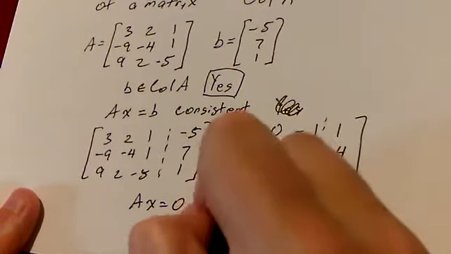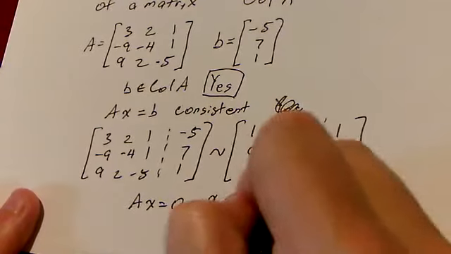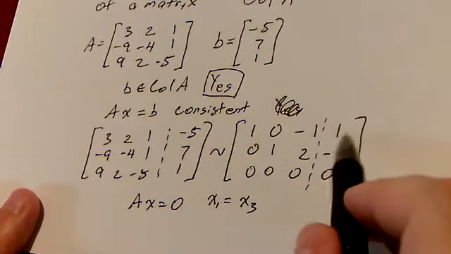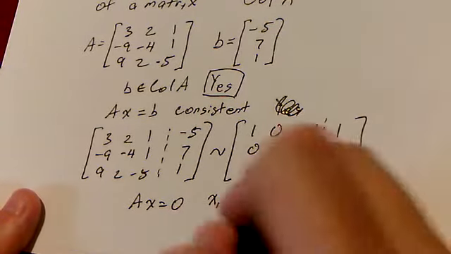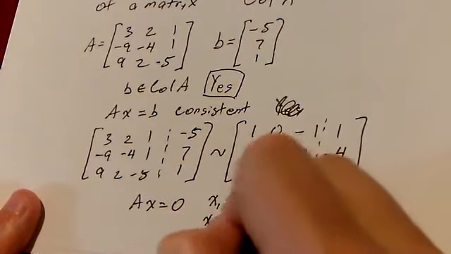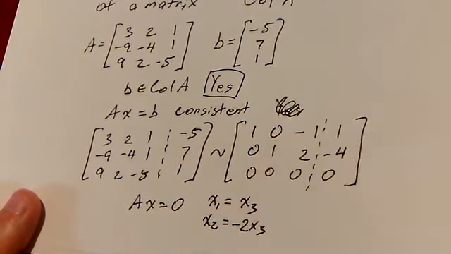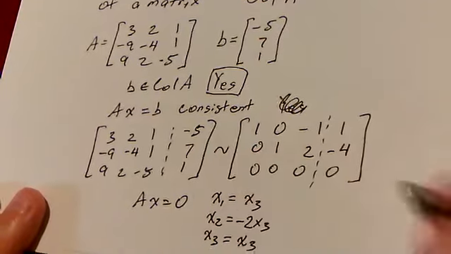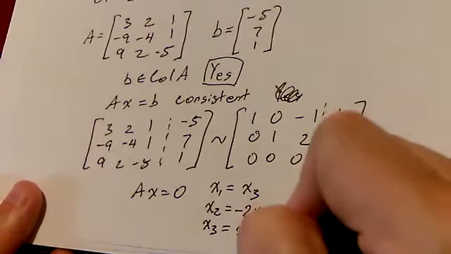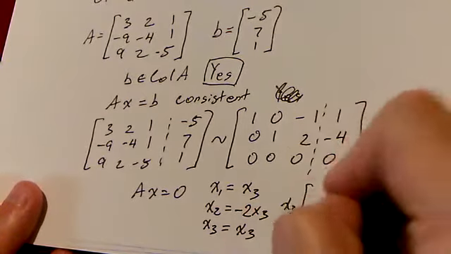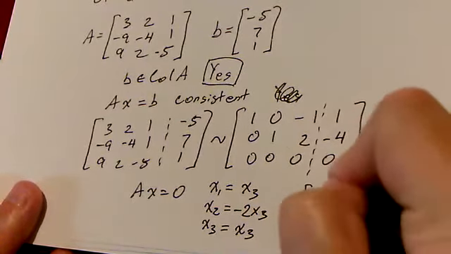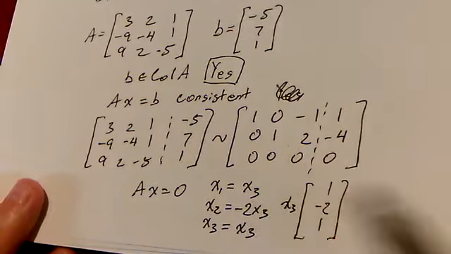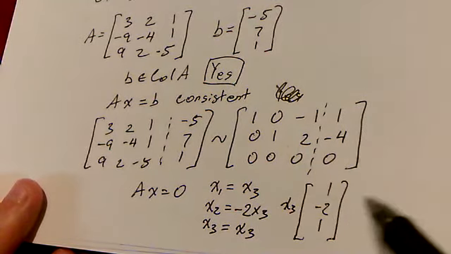I would get X1 is equal to X3, because remember we moved this negative X3 to the other side of the equal sign. X2 would be equal to -2 X3, and X3 would be a free variable. And I could write that solution as a vector as well, X3 times 1, -2, 1.